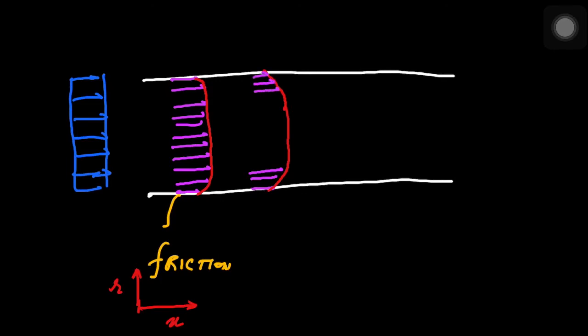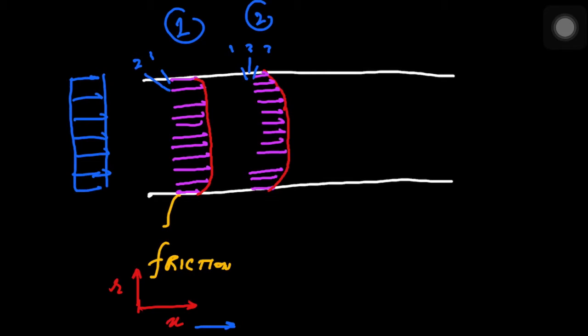So let's say that in the first part only 1 and 2 layers were dragged, and in the second part, as we move away from the entrance region, as we move in the x direction, let's say 3 layers were dragged. Okay, so the flow now looks like this. So let's move further.